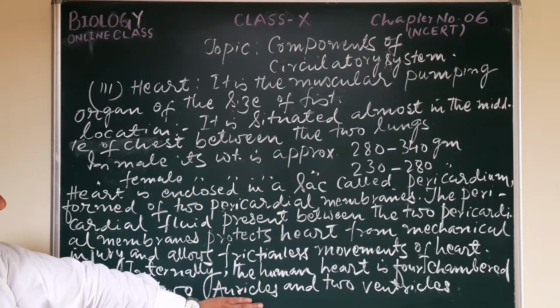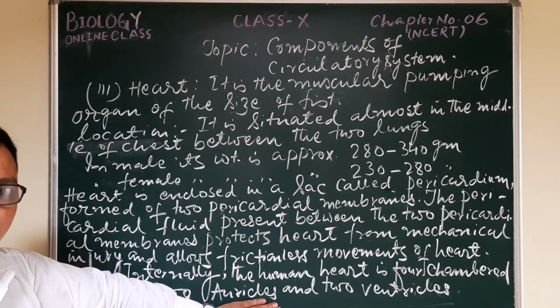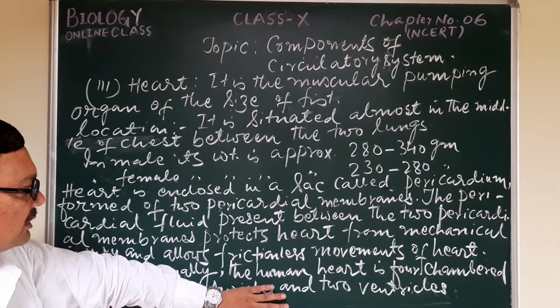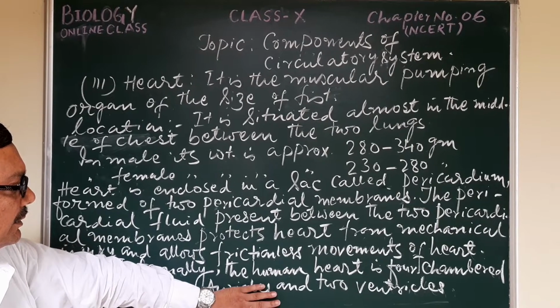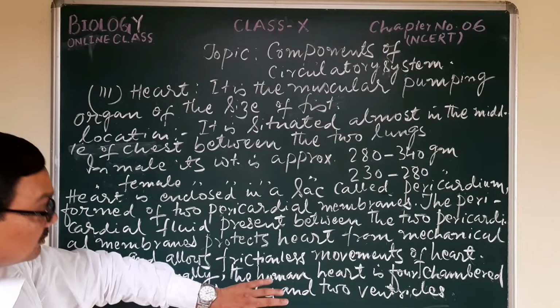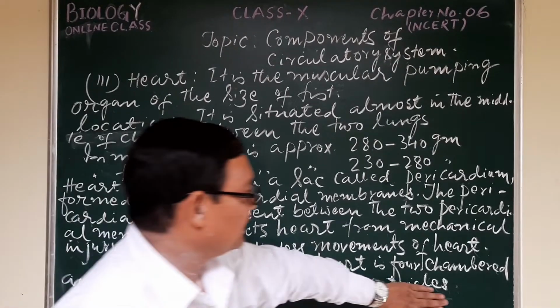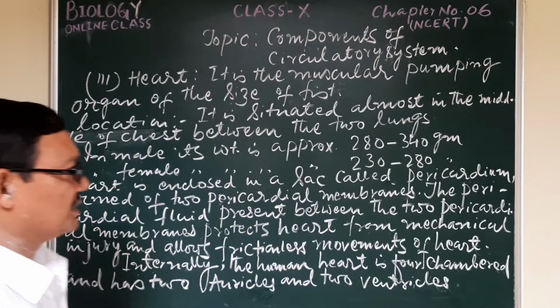The upper chambers, auricles, have a thin wall and are shorter, and they are the receiving chambers. Whereas the ventricles have a thick wall and are the distributing chambers of the heart.